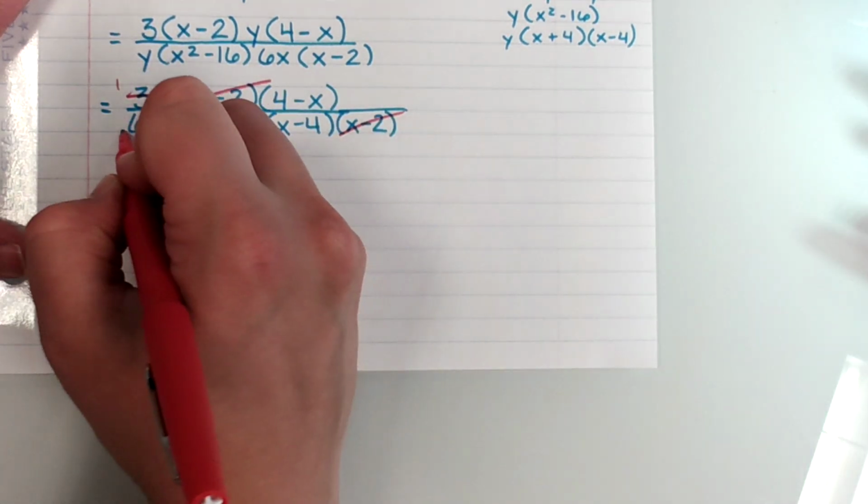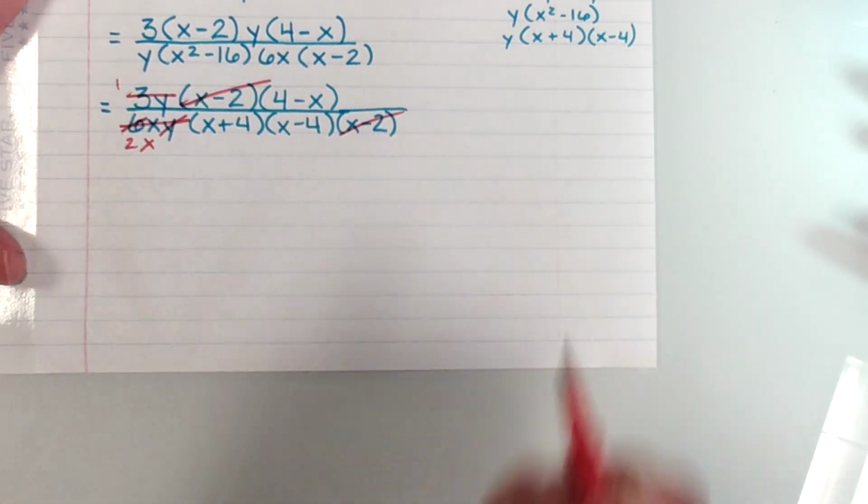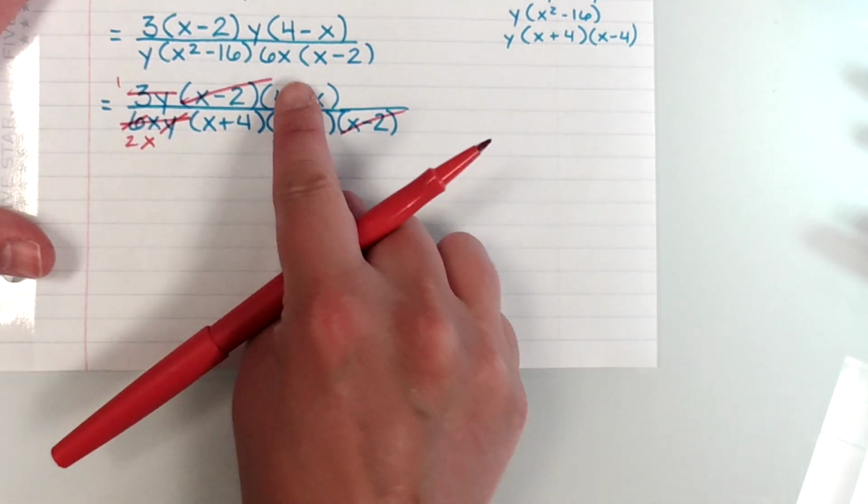Yeah, I'll just do that. Works better. Kate, does anything else simplify? You could take the negative out of 4 minus x. I can take the negative out.